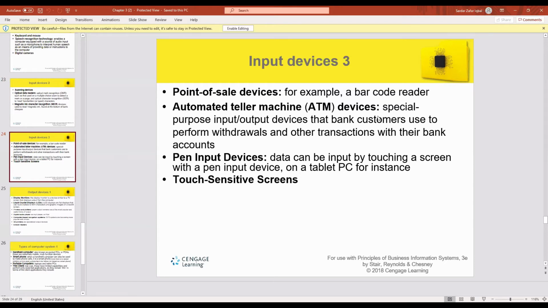Automated teller machine, ATM, all of you are using this. It is a special purpose input-output device that bank customers use to perform withdrawals and other transactions with their bank accounts. Pen input devices: data can be input by touching a screen with a pen on tablet PCs, for instance, touch-sensitive screens.